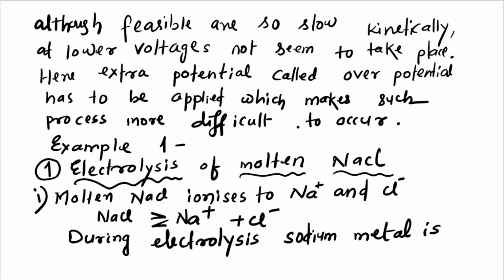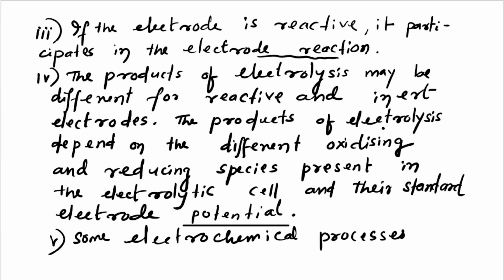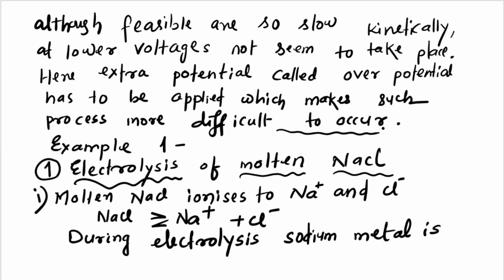So a reaction may be feasible but very slow kinetically, and at low voltage it does not seem to take place, so overpotential has to be applied.